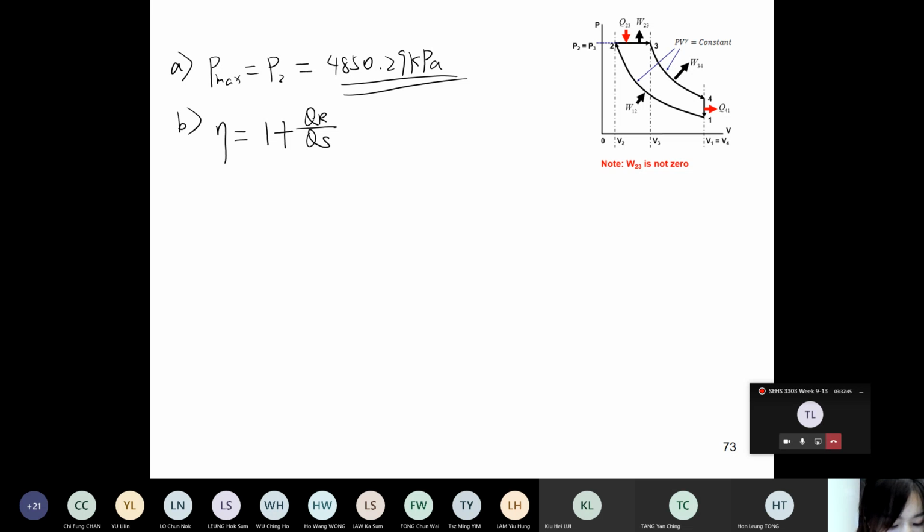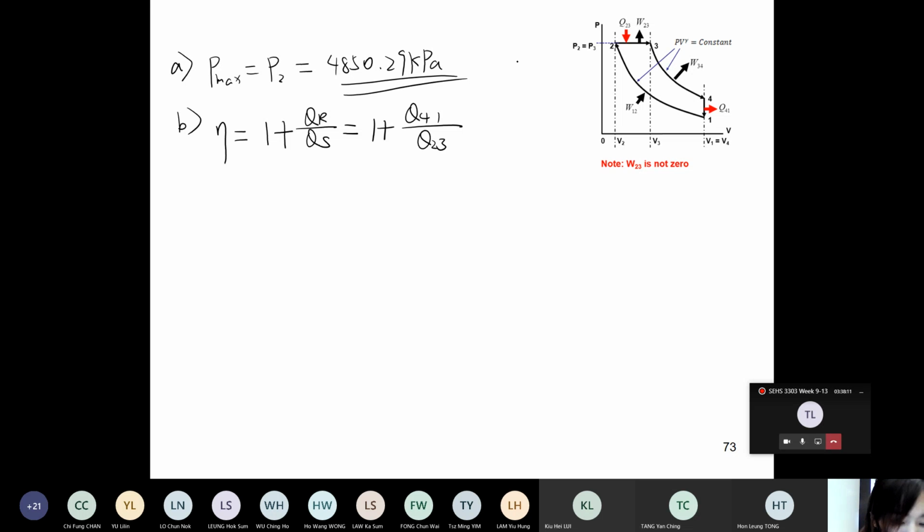I have already derived this equation for you, okay? What is heat rejection? We already know the heat supply.